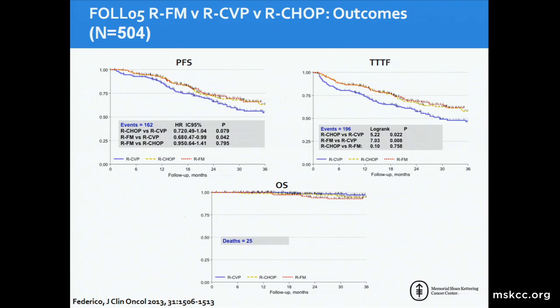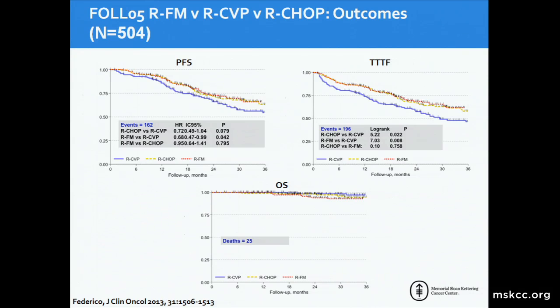And interestingly, even though this is not statistically significant, the RFM curve, which looks really excellent in PFS and time to treatment failure, is actually trending down with more events, and that's because using a bone marrow toxic agent as part of first-line treatment is suboptimal.